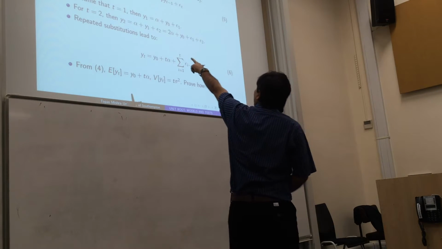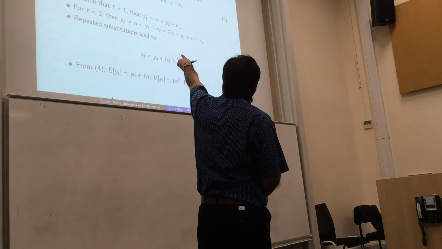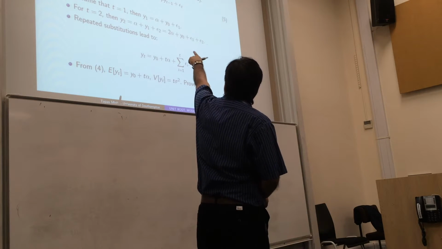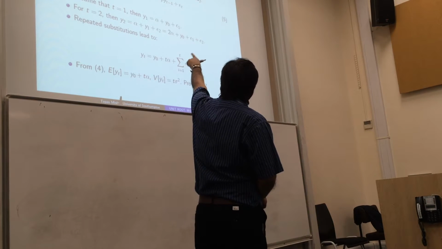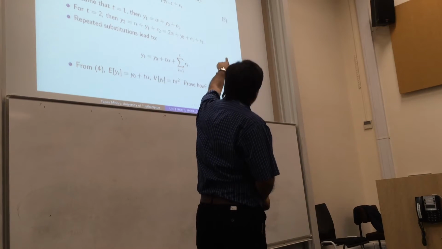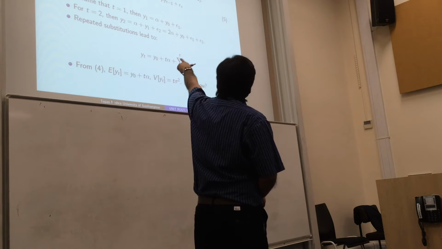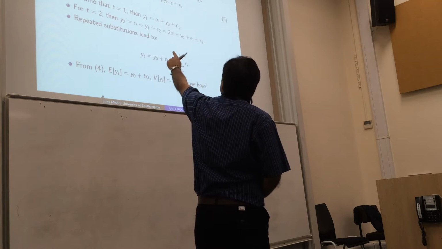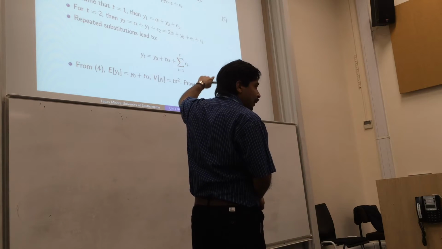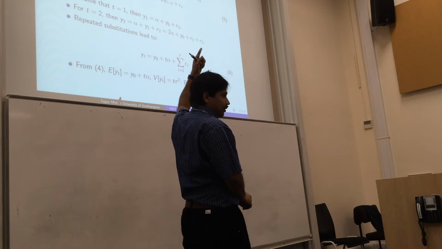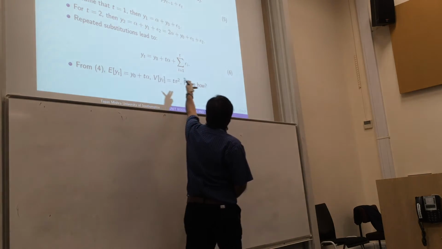Replace y1 equal to that right hand side here. So it will be alpha plus alpha, y0, epsilon 1, epsilon 2. Alpha plus alpha is 2 alpha. So if you are substituting for t equal to 3, so 3 alpha, 4 alpha, 5, 6, 7, 8, t alpha. Okay? And then this side.